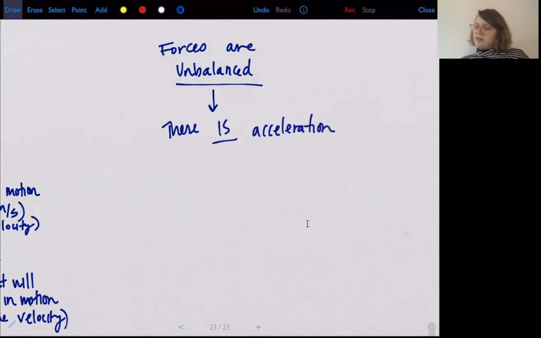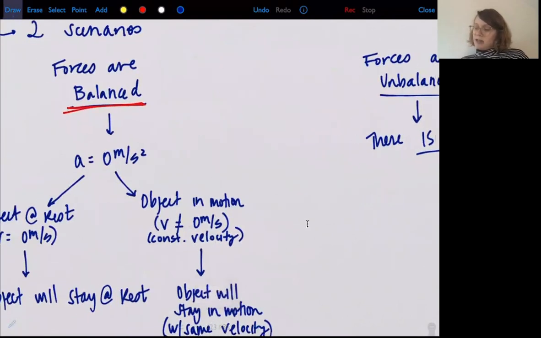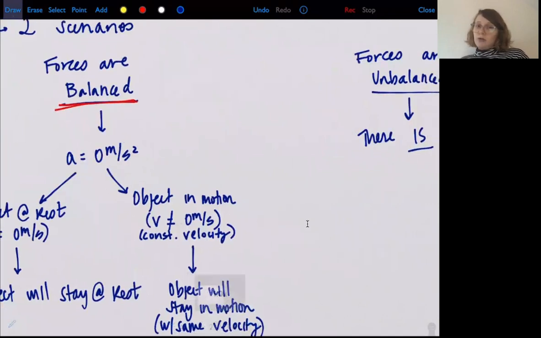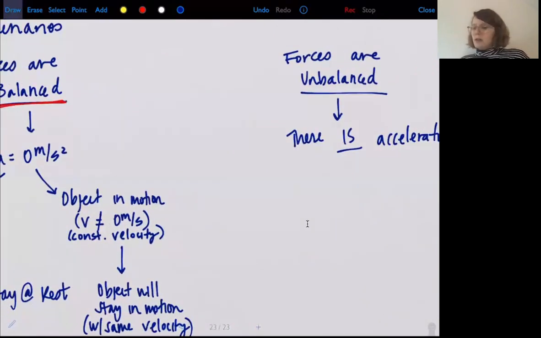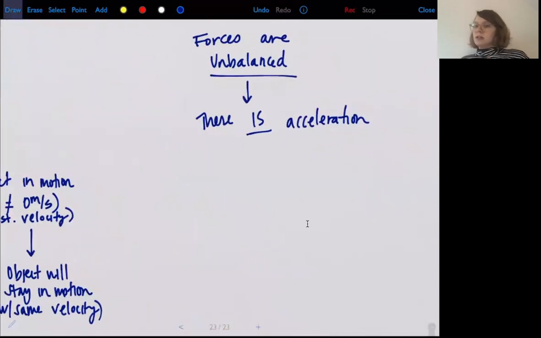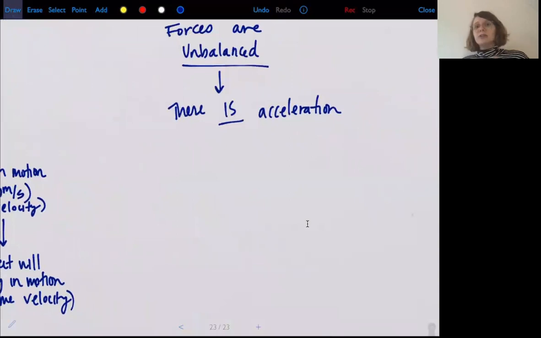So here's one big difference between forces being balanced and unbalanced. When the forces are balanced, the acceleration doesn't exist. It's 0 meters per second squared. But when there's an unbalanced net force acting on an object, there is acceleration.